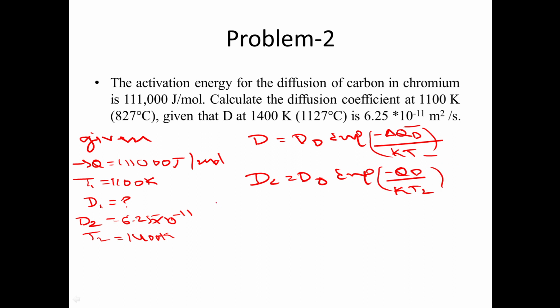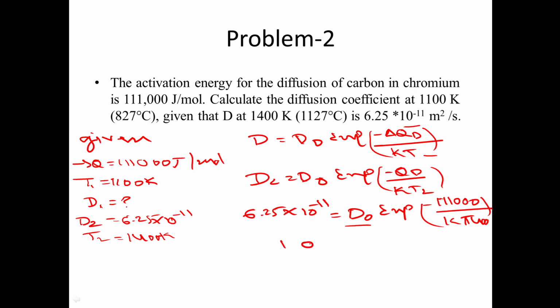So I'm just substituting the values: 6.25 into 10 to the power of minus 11 equals D naught exponential of minus 111,000 divided by K into T2. T2 is, we know, 1400. So we get the value of D naught here.